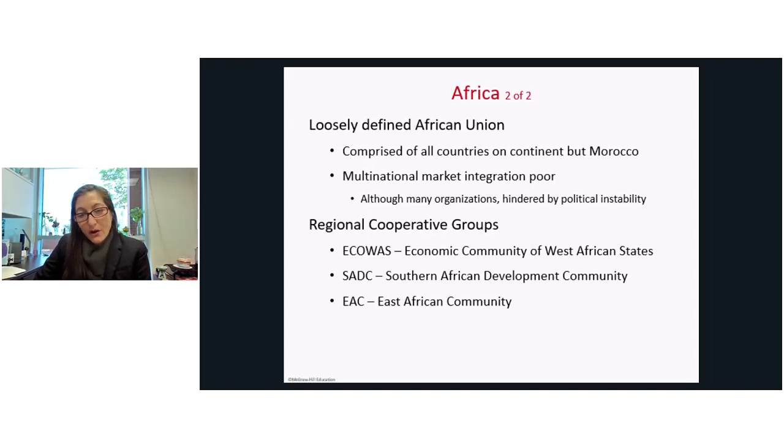So the Economic Community of Western African States is a 15-nation group, and this has an aggregate gross domestic product of more than 60 billion, and it's striving to achieve full economic integration.